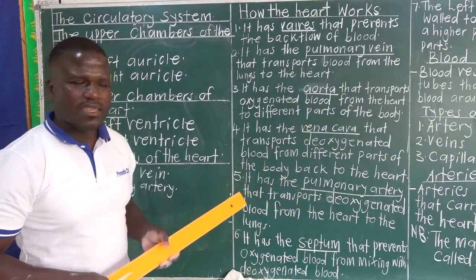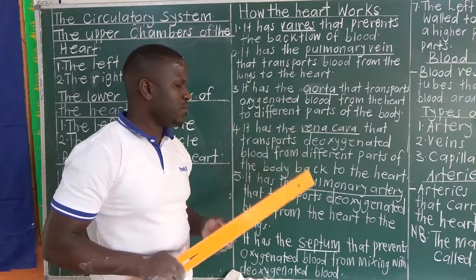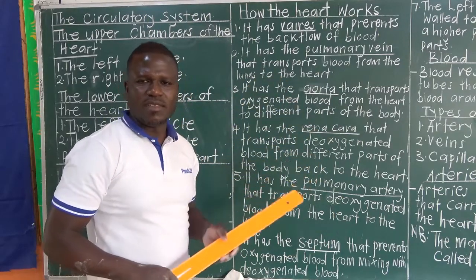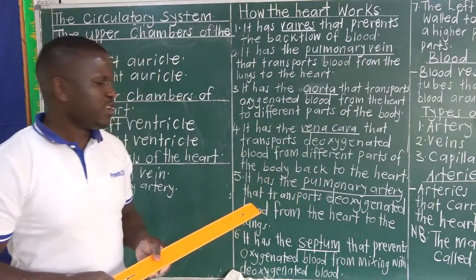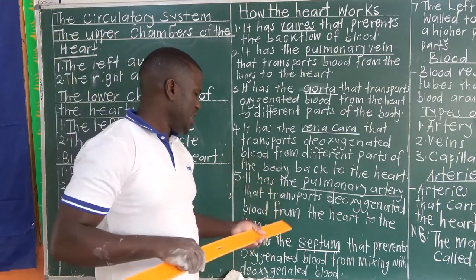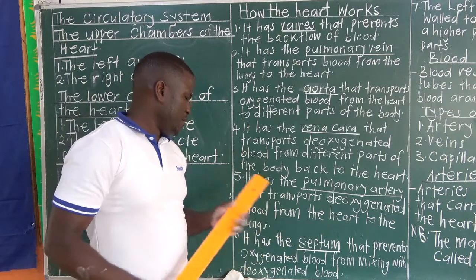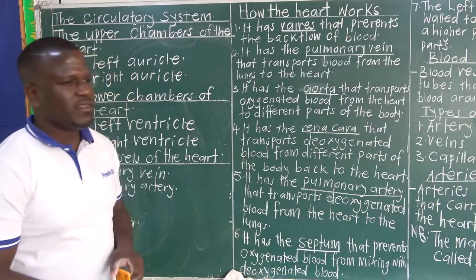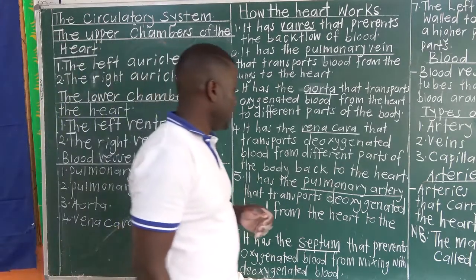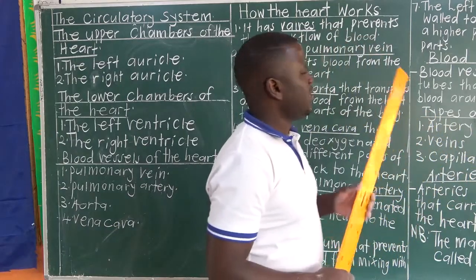Then from the heart, this blood goes to the lungs through the pulmonary artery. So that means that the pulmonary artery transports deoxygenated blood, or blood without oxygen, to the lungs. Then we have a part called septum that prevents oxygenated blood from mixing with deoxygenated blood. So that is how the heart works.